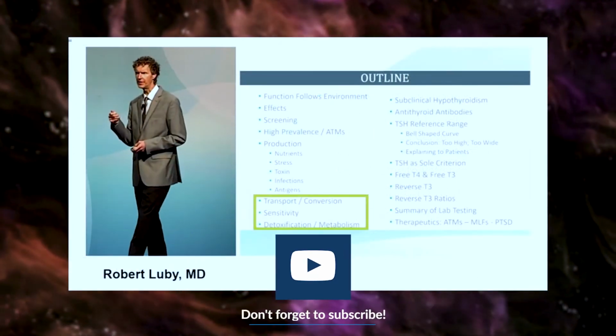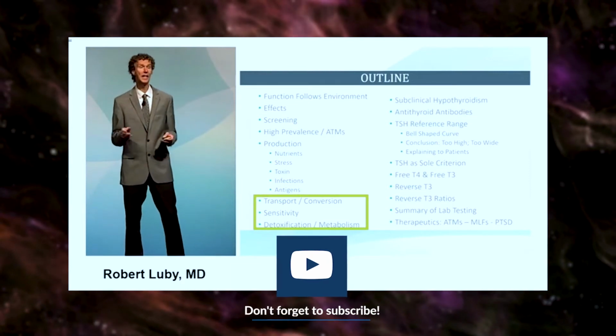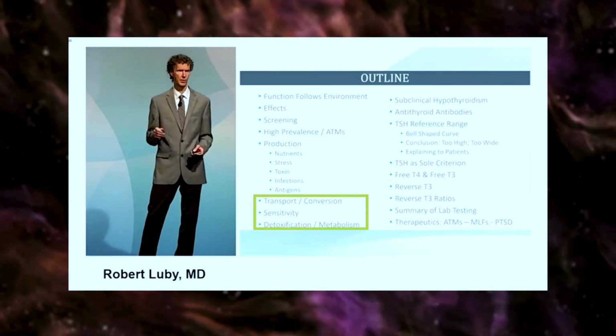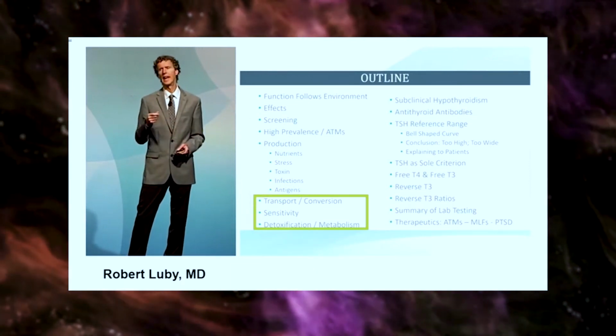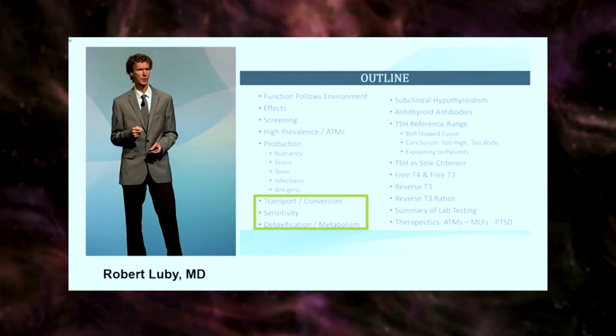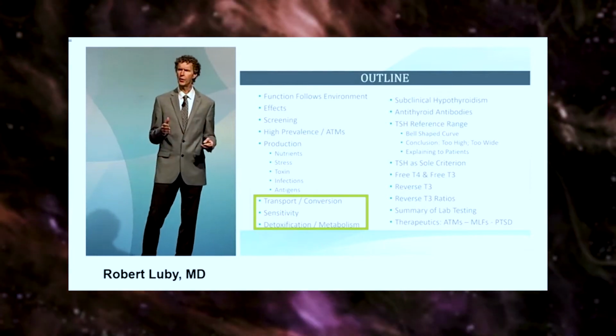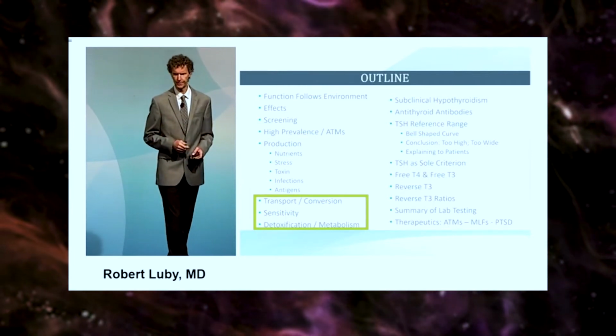Less important would be sensitivity, and probably the least important, detoxification, metabolism. Unlike what you'll experience later in the course with estrogen, where detoxification and metabolism of that hormone are one of the prime ways of intervening. So with the thyroid, we focus a lot on production and conversion.